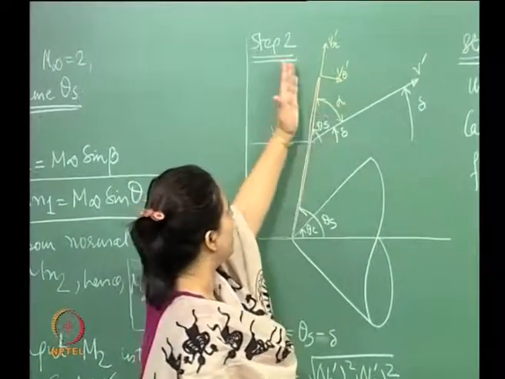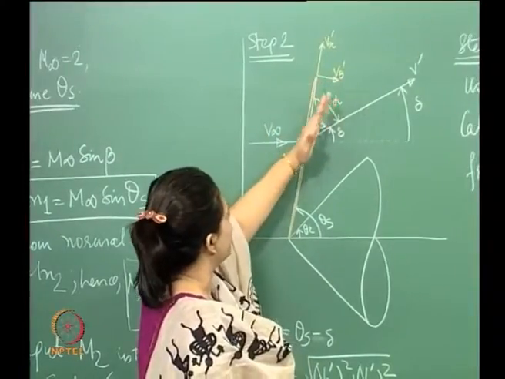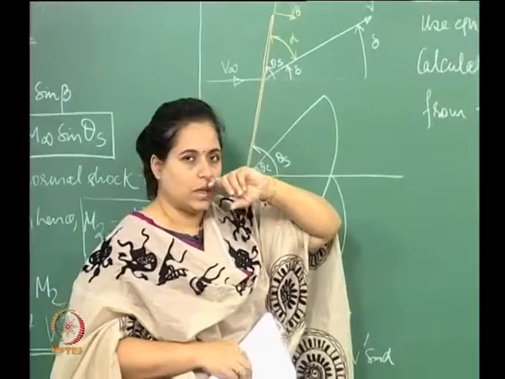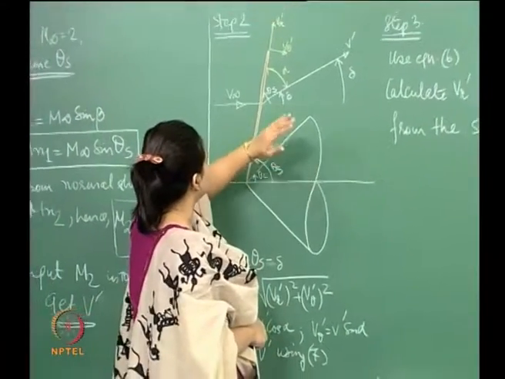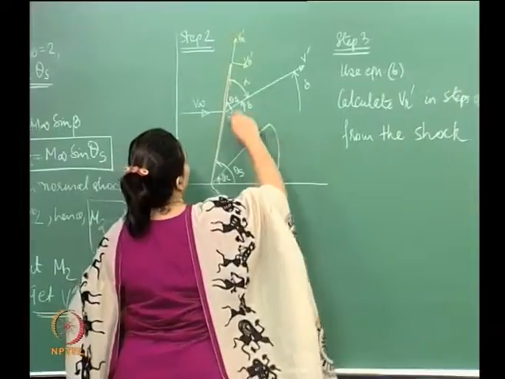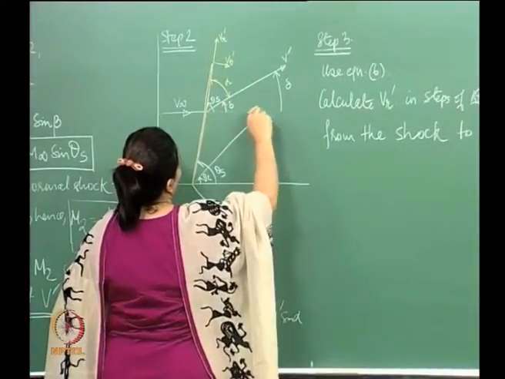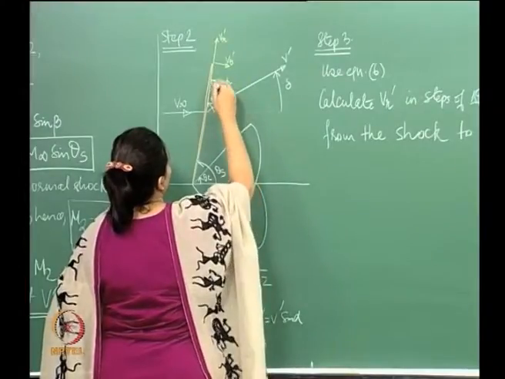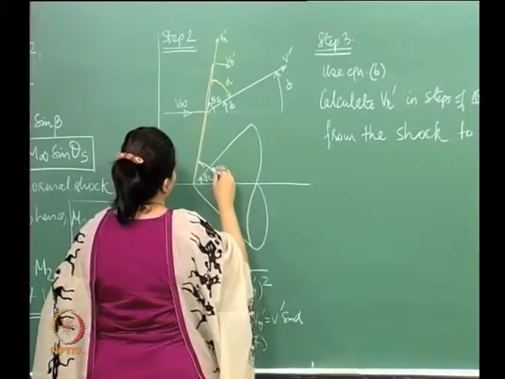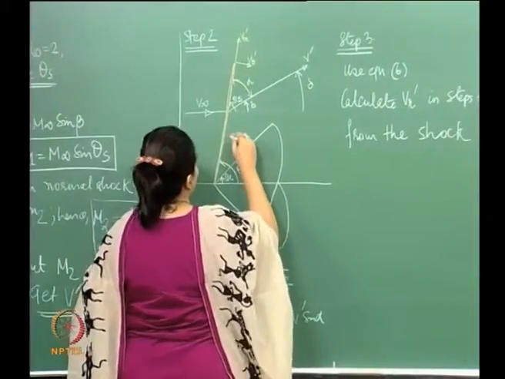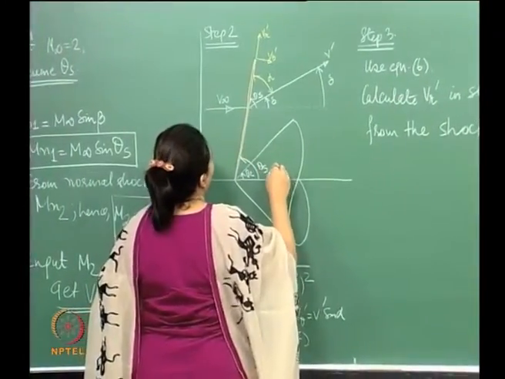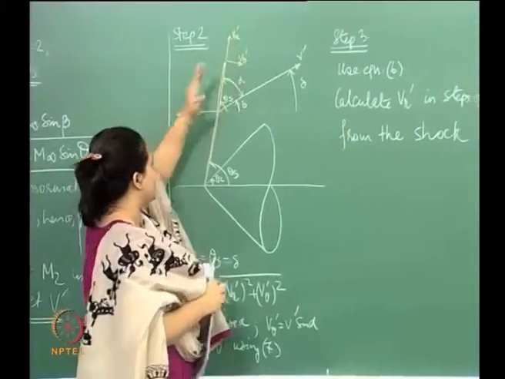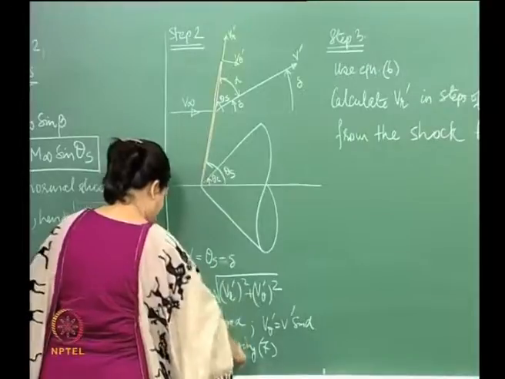When we have the Taylor-Maccoll equation, we are going to take several radial lines between this theta s and theta c. This is theta s and this is theta c, and we are going to start from here. Let us look at this picture over here.